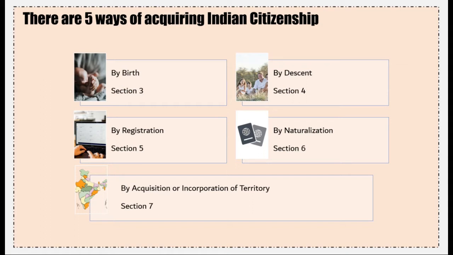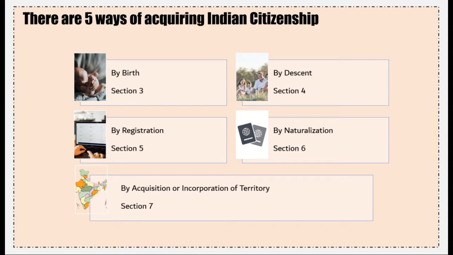C. A person born in India on or after 3rd December 2004 is a citizen of India if both the parents are citizens of India at the time of birth, or at least one parent is a citizen and the other is not an illegal migrant at the time of birth.